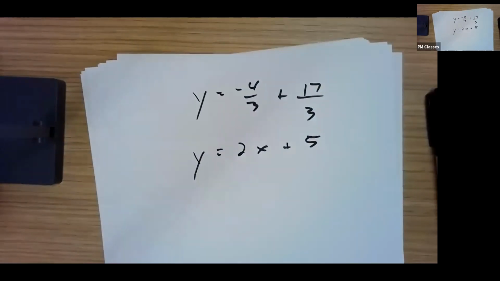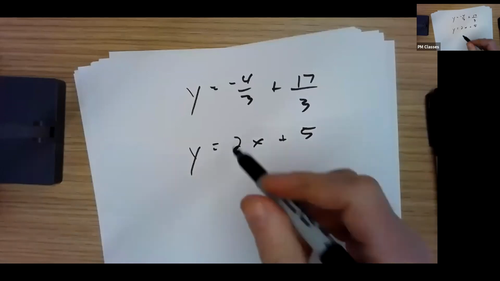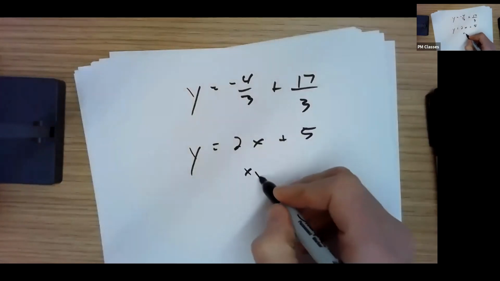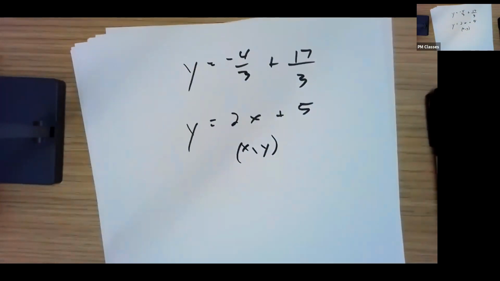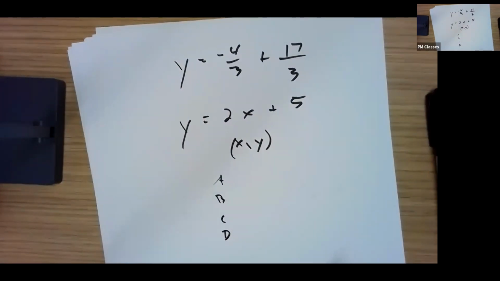If I wanted to find the point of intersection for that, note that it's going to be an XY pair that's true in both equations. So I could arguably use the answer choices and plug them back in.